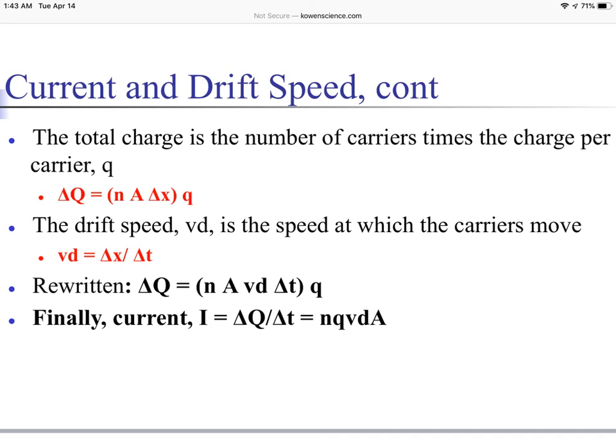Change in Q would equal N times A times change in X, all of that times Q. The drift speed, VD for velocity of drift, is the speed at which the carrier moves, and that will equal the change in X divided by the change in time. Then we can rewrite all of that and substitute in for Q and for time, and we've got our formula.